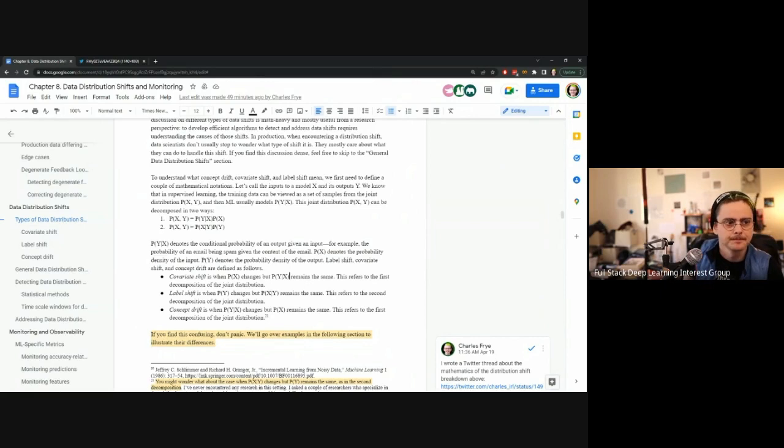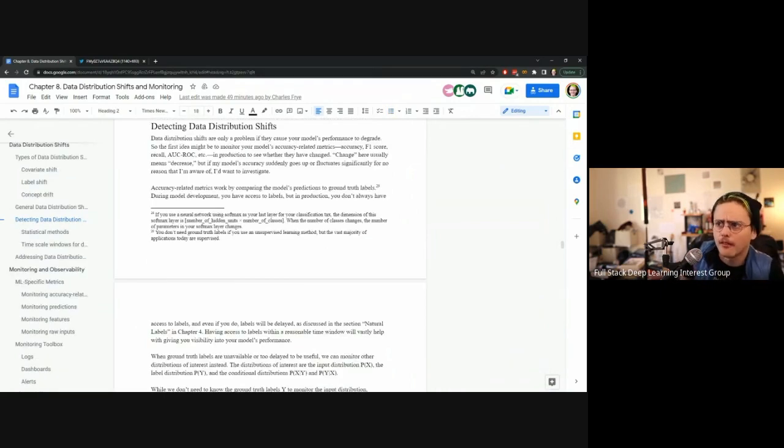With distribution shifts, the fundamental concern is whether the metrics of your model are changing, or whether the user experience for people using your model is changing.